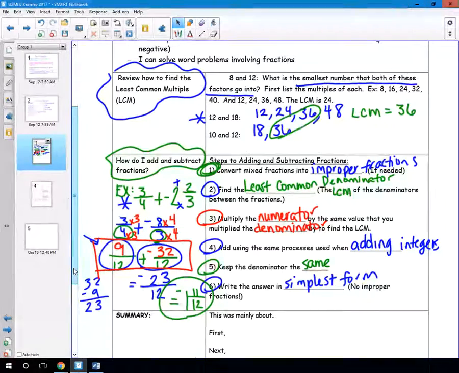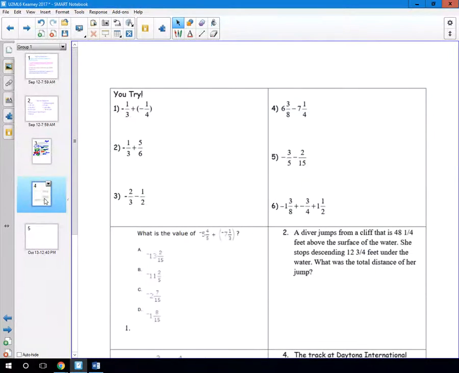And right now, before we stop, I want you just to flip over, not you, but your paper. And we're just going to look at one more problem. Number 1, okay? And I'm not actually going to work this out, but I want you to start thinking through how you might solve it. So let's go through our steps. Do you see any mixed numbers?